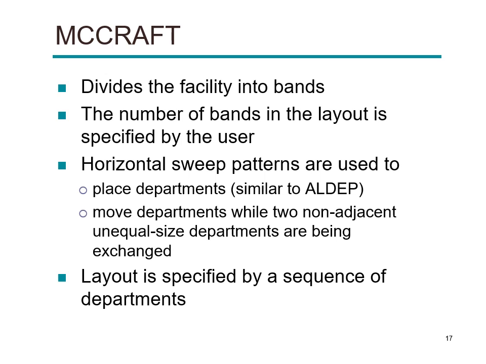And the layout is specified by a sequence of the departments. When the sequence of the departments is given, you will find a layout corresponding to that sequence. It means that an exchange in MCCraft is in fact an exchange in the sequence of the departments, not in the layout itself. The layout is a result of the sequence. When I say the sequence of departments, it's something like this: department 2, department 5, 1, and 3, and so on.